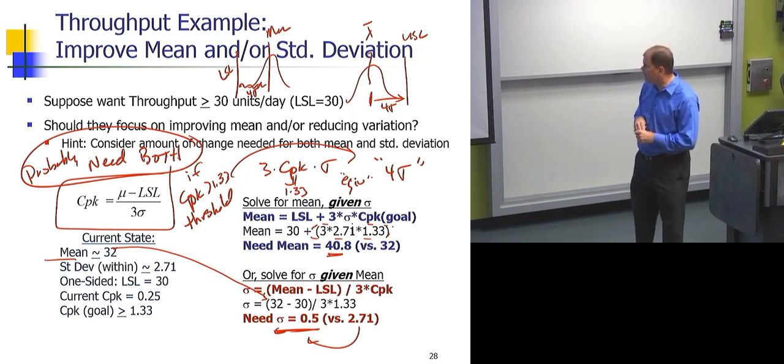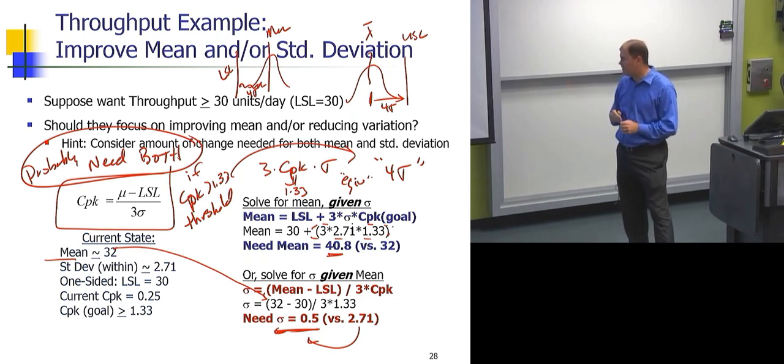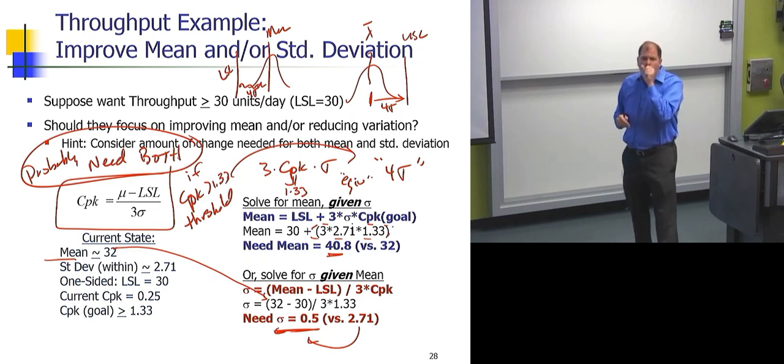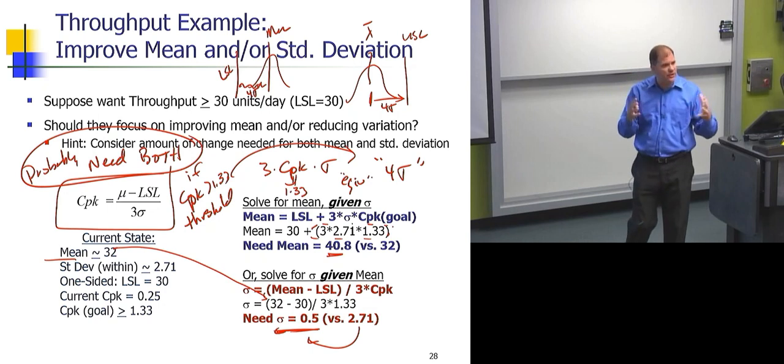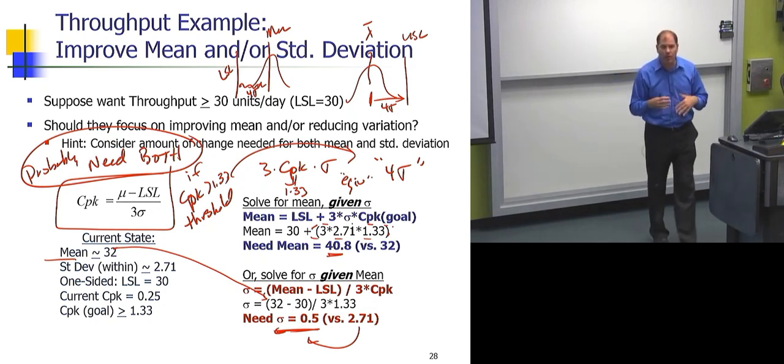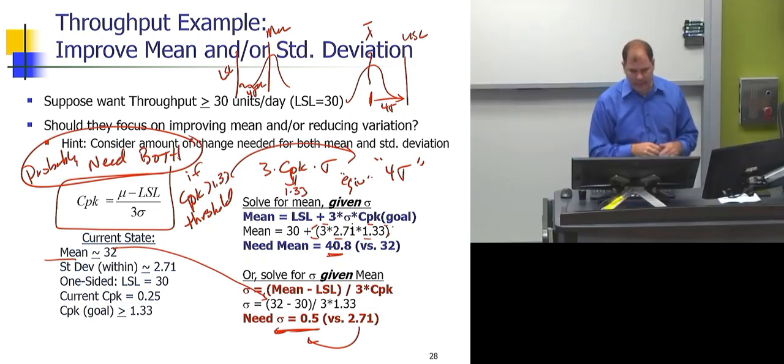If I could get the standard deviation down to, say, 1, maybe that mean could be not such a big deal to move. But I have to consider these. The nice thing is I'm giving you a way to figure out where I'm trying to get to. And then I have to ask myself, is it feasible?